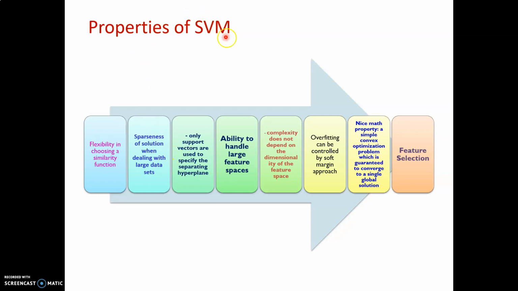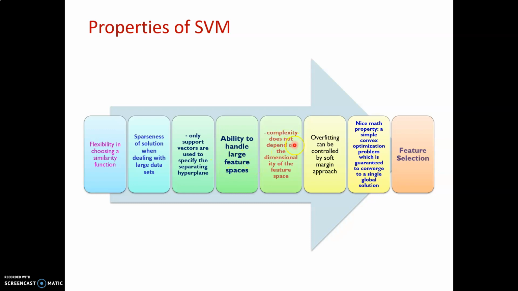Some properties of SVM. Here, it is flexibility in selecting a similarity function. It is one main property of SVM. Robustness of solution when dealing with large data sets. Only support vectors are used to specify the separating hyperplane. Then ability to handle large feature space. Here we are using the large data set, which feature space is also large.